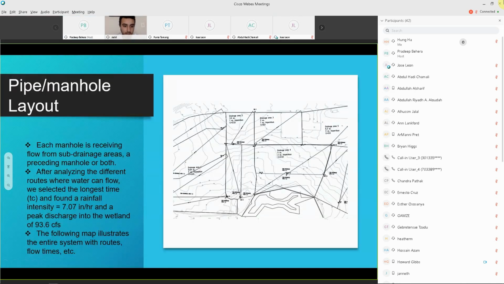After analyzing the different routes, we were able to select the time of concentration and rainfall intensity, which was 7.07 inches per hour, and a peak discharge into the wetland of 93.6 cubic feet. This allowed us to come up with the following map that illustrates the entire system. Thank you very much. Now, my colleague Jose is going to present you the structural part of the project.